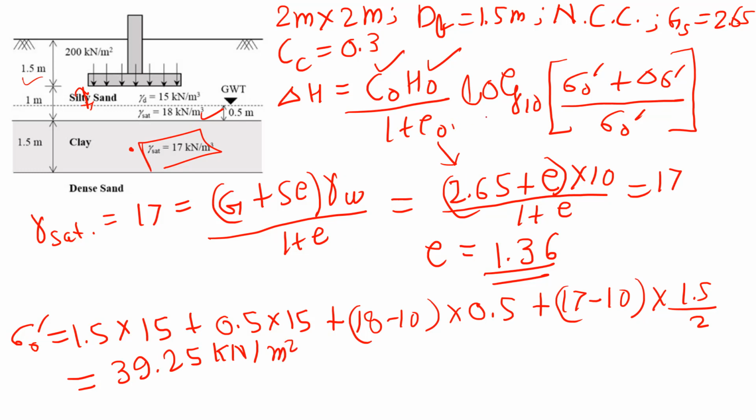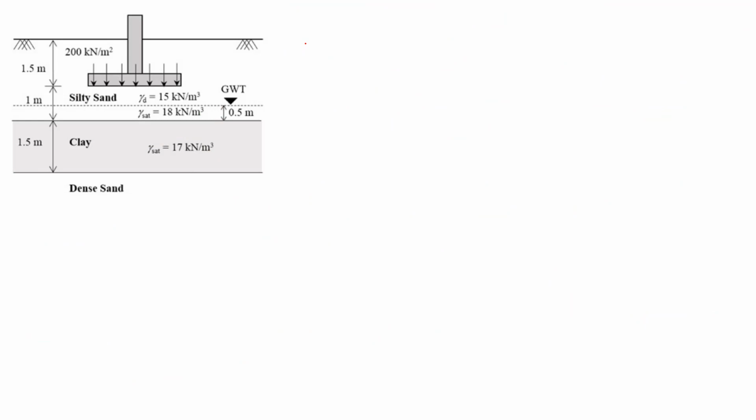So now we have this also. Only we need to find out the change in the effective stress at the mid of the clay layer. As in the question, it is given as 2 vertical to 1 horizontal. So for every 2 unit increase in the vertical depth, 1 unit is increased in the horizontal direction.